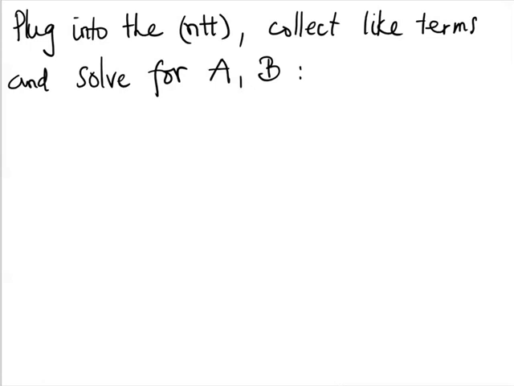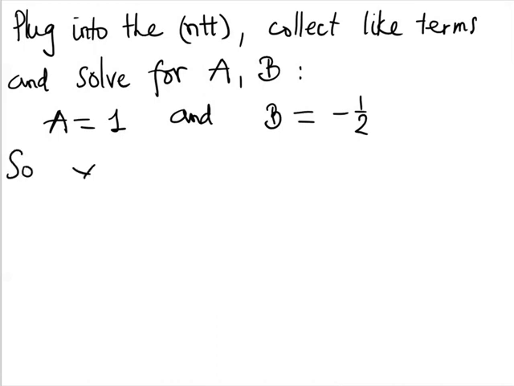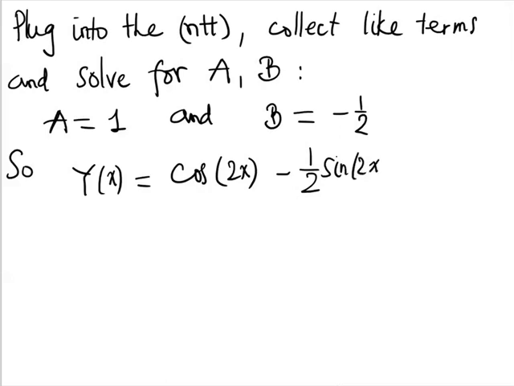So I will just write down what A is. It turns out that A is 1 and B is negative a half. So capital Y(x) is cosine of 2x minus a half sine of 2x.